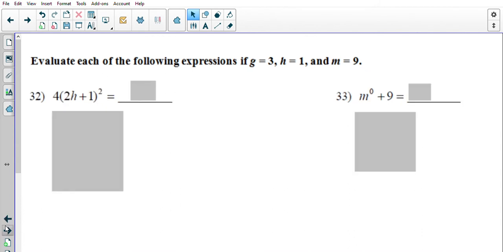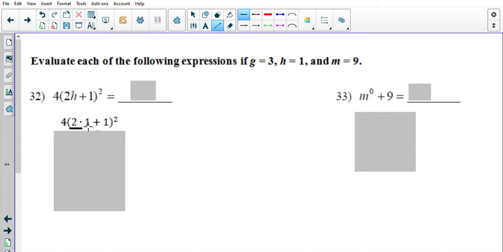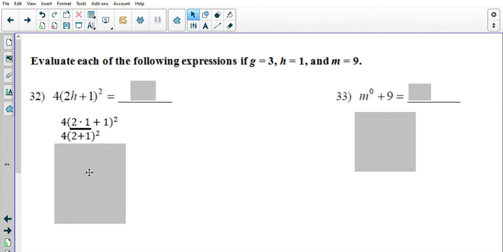All right, let's take a look at number 32. Pretty similar to the last problem that we had. We are going to replace h with 1. So we have 4 and then in parentheses, not 21, but 2 times 1. Anytime you have a number squished next to a variable, it means to multiply. Inside your parentheses, follow those order of operations. 2 times 1, of course, is 2. So I have 4, and I keep my parentheses here because I still have an operation in there.